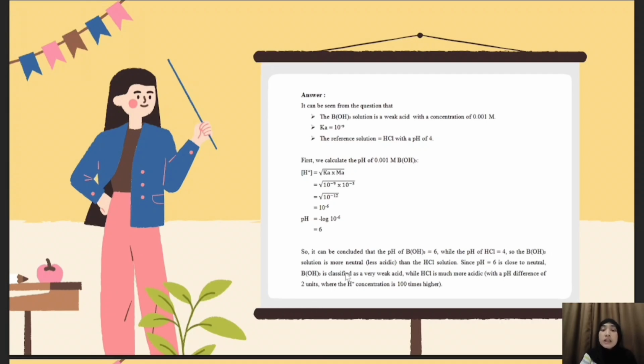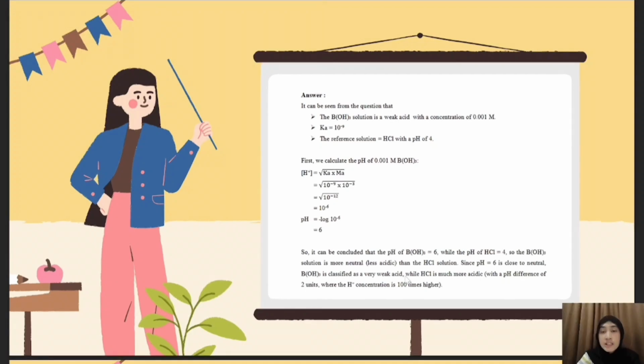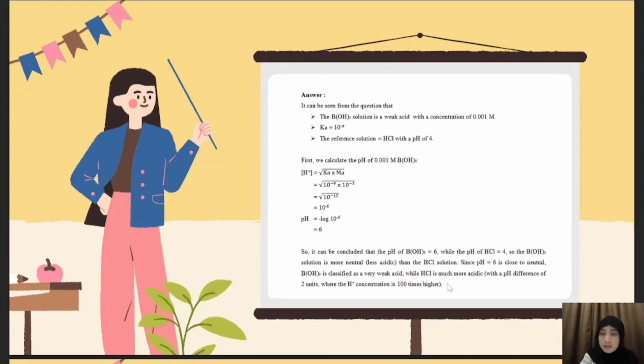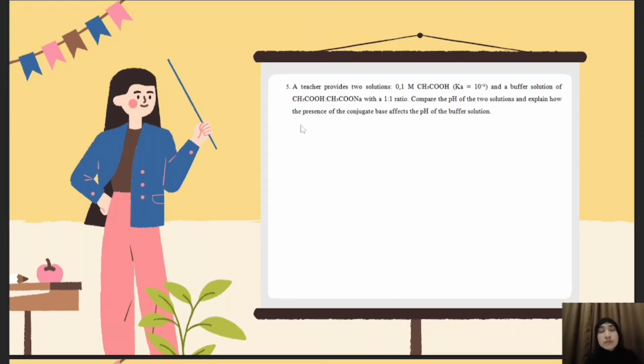B(OH)3 is classified as a very weak acid, while HCl is much more acidic, with a pH difference of 2 units, where the H+ concentration is 100 times higher. Okay, next question.